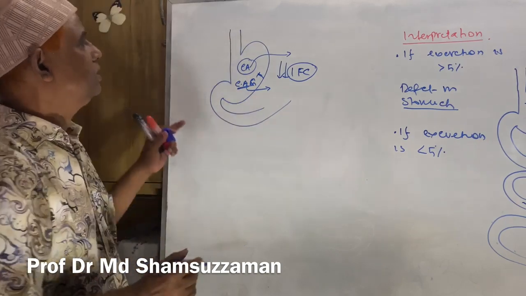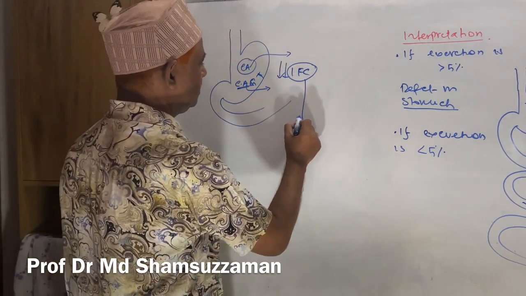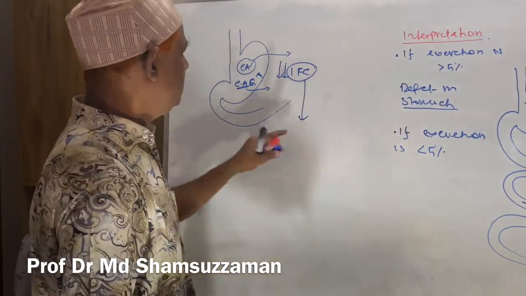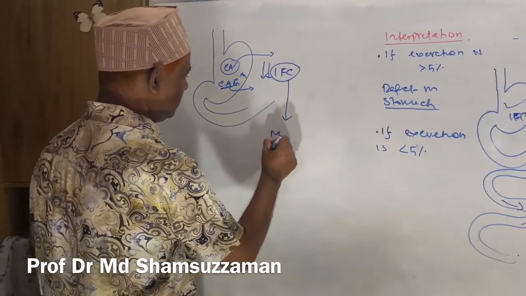In that case, there will be less absorption of vitamin B12 and it will lead to megaloblastic anemia.